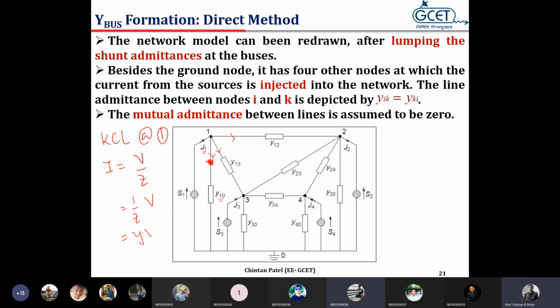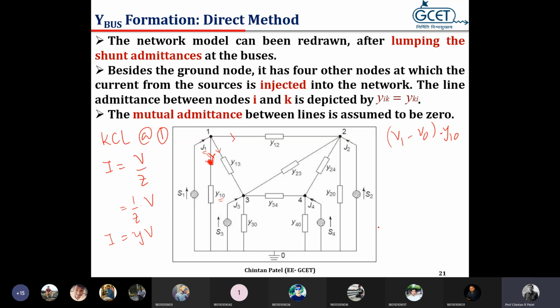It is Y. So the current can be given as Y into V. So the current in this branch between 1 and 0 is the voltage between bus 1 and 0, V1 minus V0, into Y10.